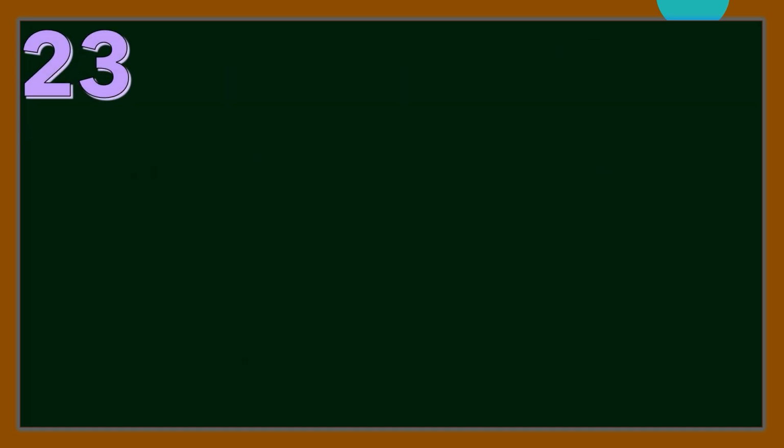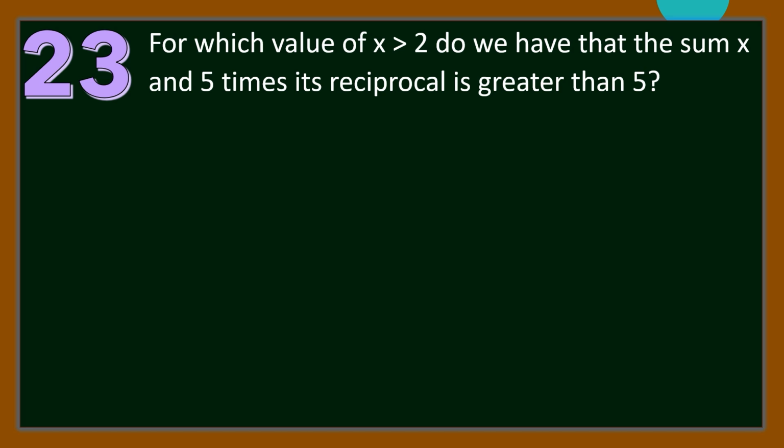Number 23. For which value of x greater than 2 do we have that the sum of x and 5 times its reciprocal is greater than 5? Here is our solution. We have x plus 5 times 1 over x is greater than 5.